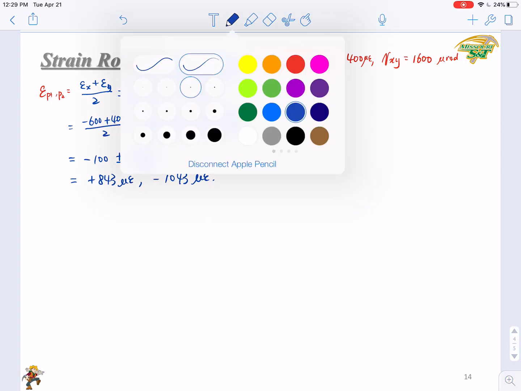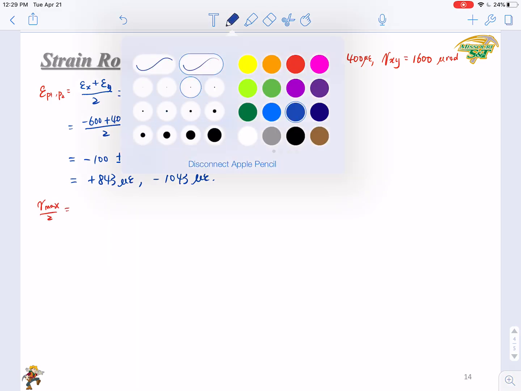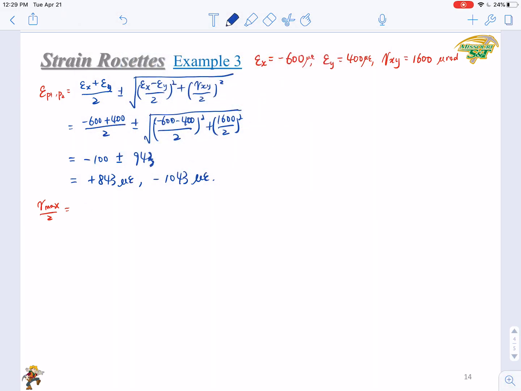Then we can calculate gamma max over 2. We have that equation too. We actually have determined that. So who can tell me the value directly? It's right in the above calculations. Which number is the value of gamma max over 2? Here, right?